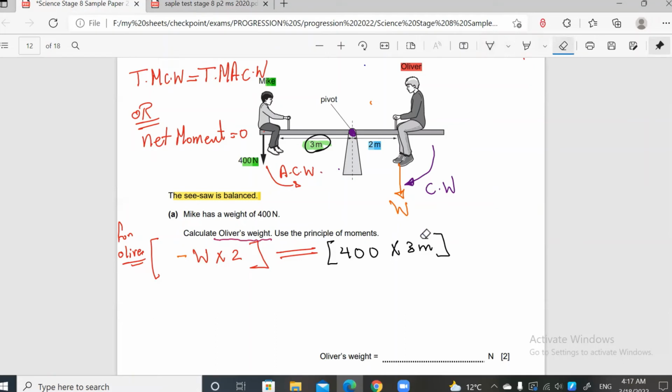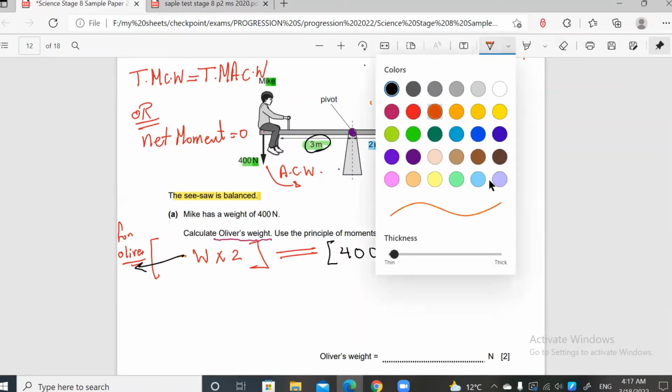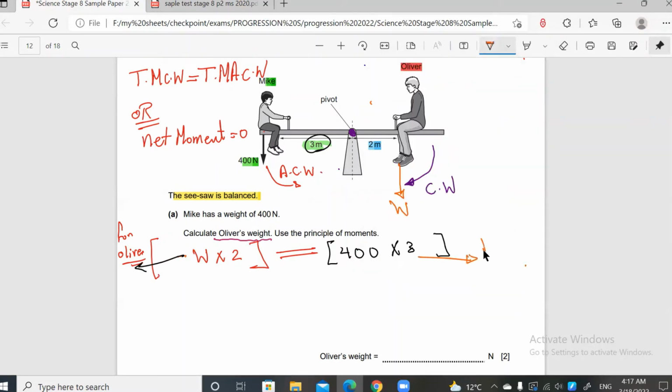Don't write the unit in the question. This is for Oliver, and this is for Mike. To calculate the weight of Oliver, complete the equation: 400 times 3 divided by 2.